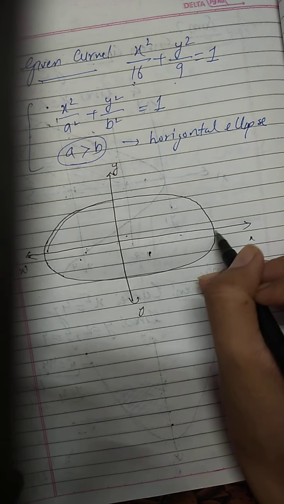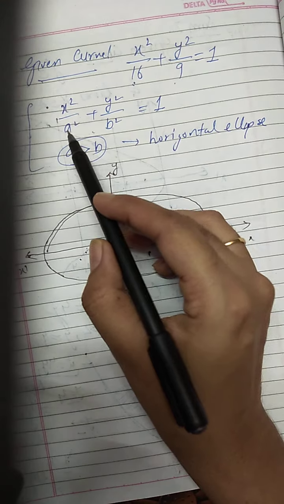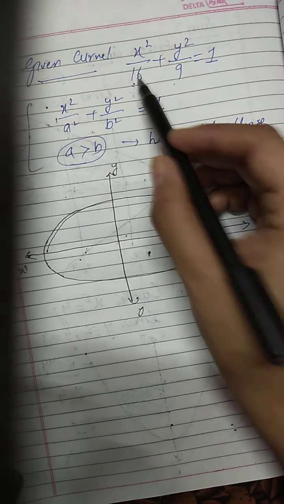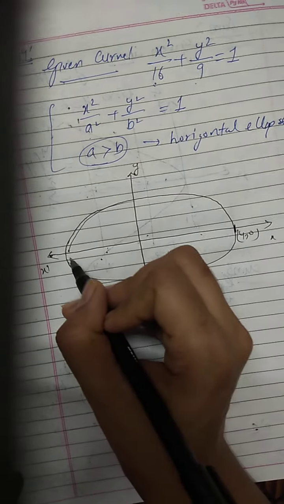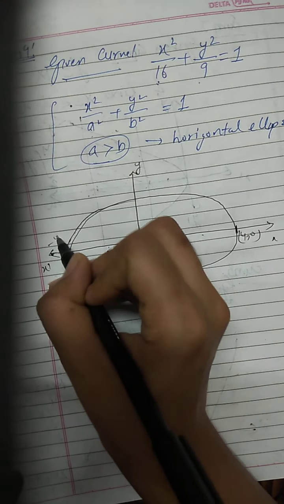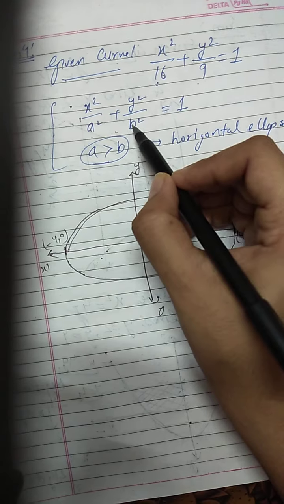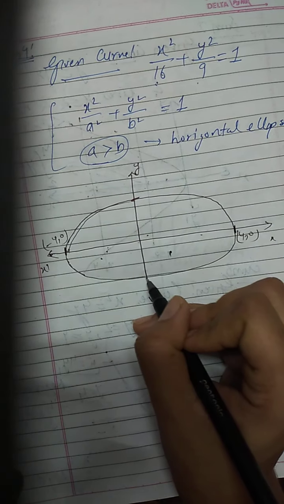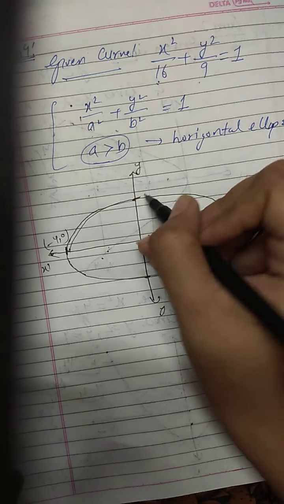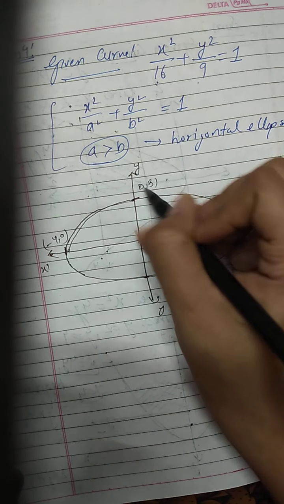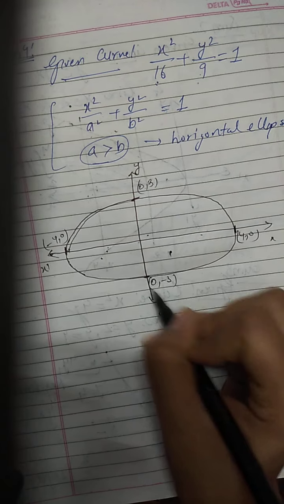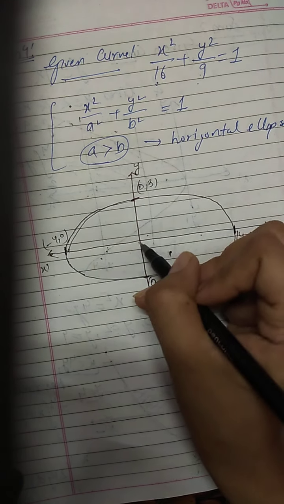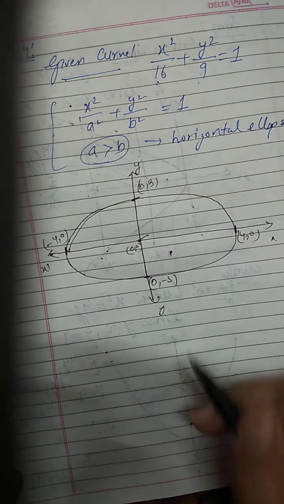Now the next thing, this will be a comma 0. What is a here? 4. So this will be 4 comma 0, and this vertex will then be minus 4 comma 0. The value of b will give us the length of the minor axis. So this will be 0 comma 3, as b square is 9, and this will be 0 comma minus 3. This is the center of the ellipse, 0 comma 0.